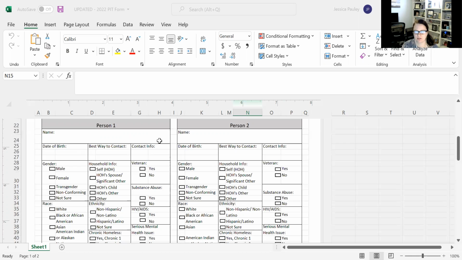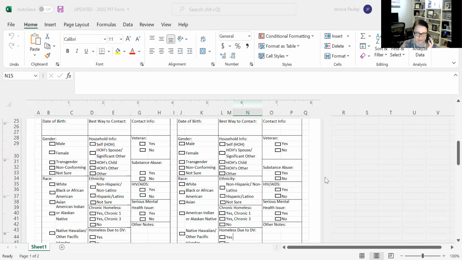For instance, if somebody's not willing to give you their full name, see if they'll give you their initials. If they're not willing to do that, please go ahead and put some kind of identifying information in there. For instance, if you found somebody sleeping in a red sleeping bag on the corner of 6th Street, you could put red sleeping bag on there so that we will have some way to tie that back to specific individuals.